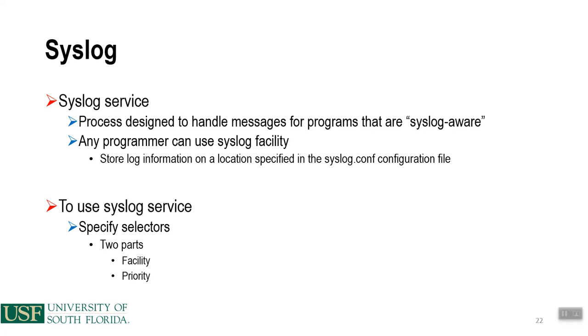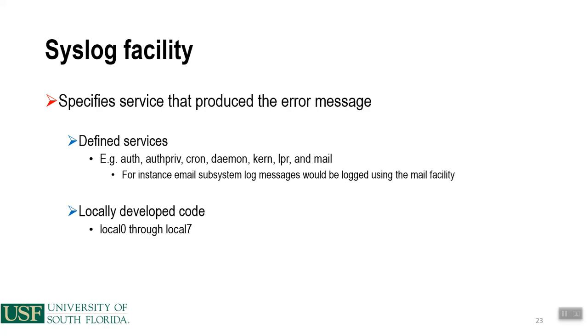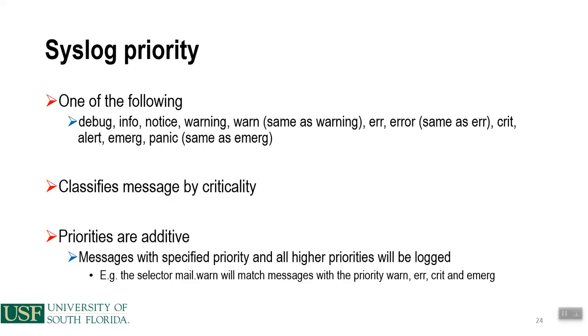There are two parts, the facility and the priority. The facility specifies the service that has produced the error message, so defined services such as auth, authpriv, cron, daemon, kern, mail, and so on. For instance, the email subsystem log messages would be logged using the mail facility. And there's locally developed code, such as local0 through local7.